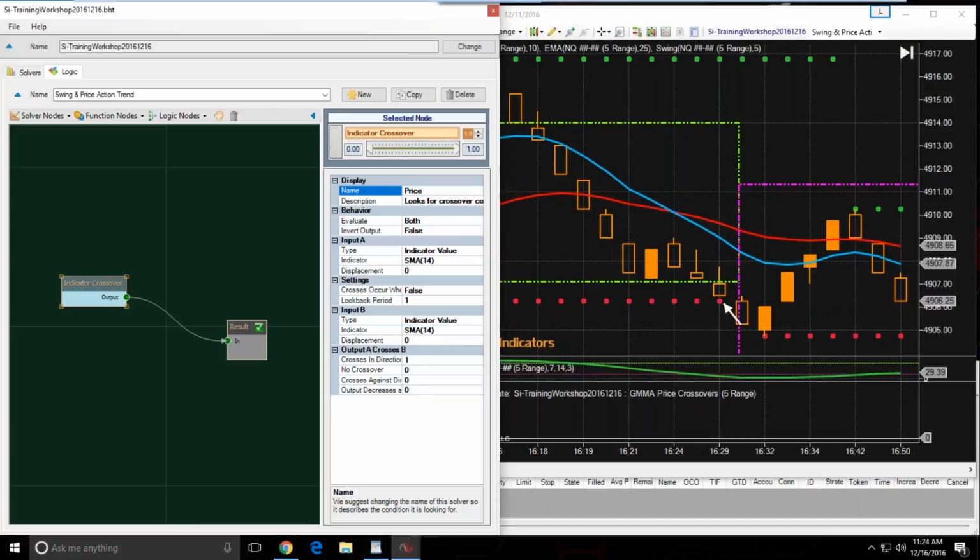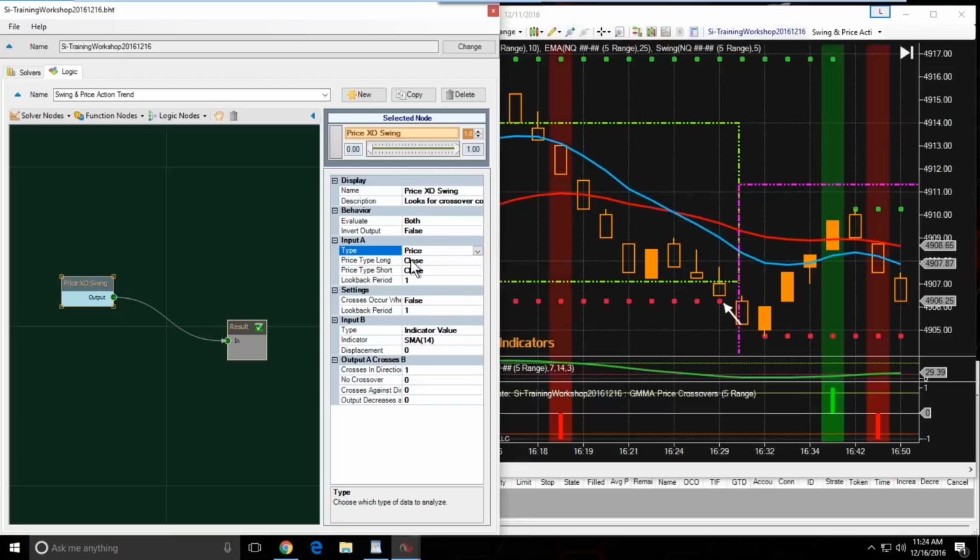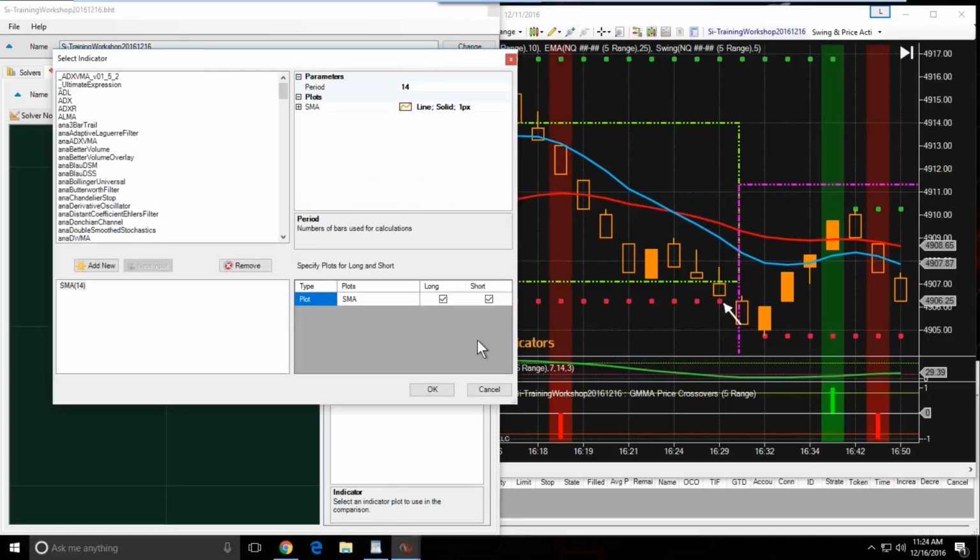All right, plug that in, and let's give this a name here. So, price crossing over the swing indicator. And so we're going to set input A to price, and we'll use the closing price of the bar. And then input B, that'll be our swing indicator.